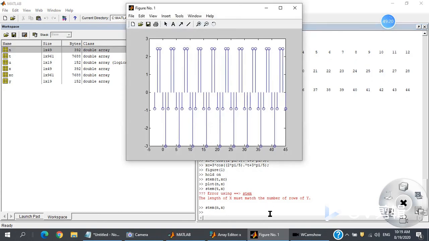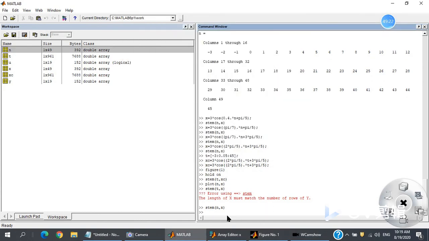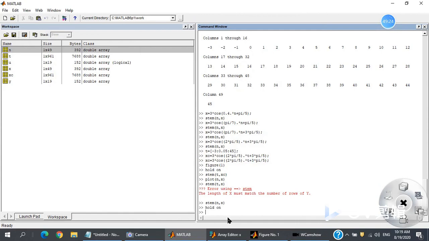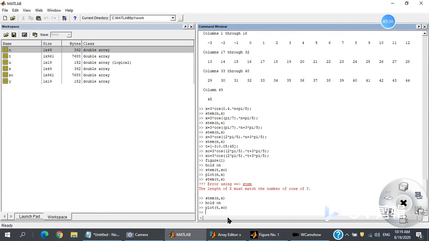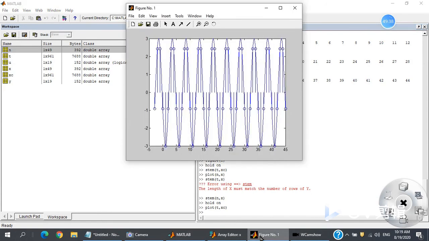This is the stem plot. Okay, and then I hold on. Then plot t and xc. Okay, this time I have the two together.